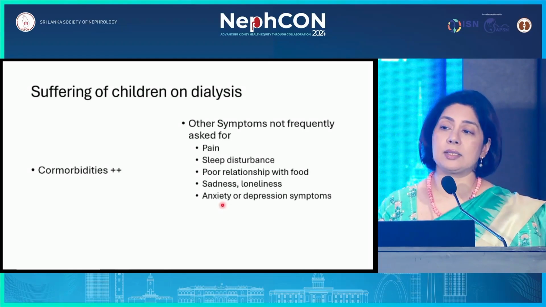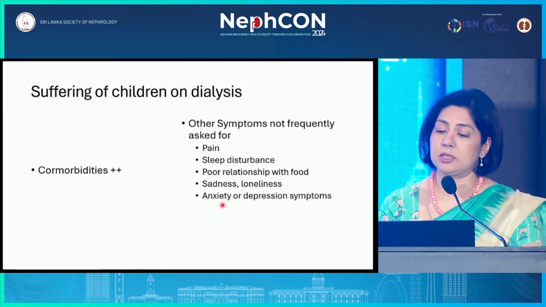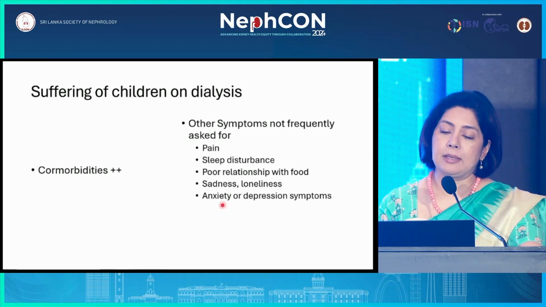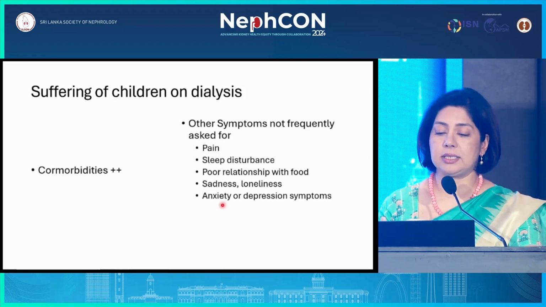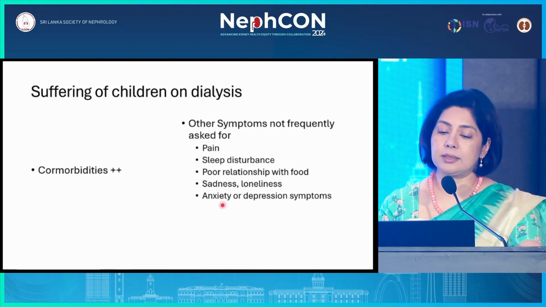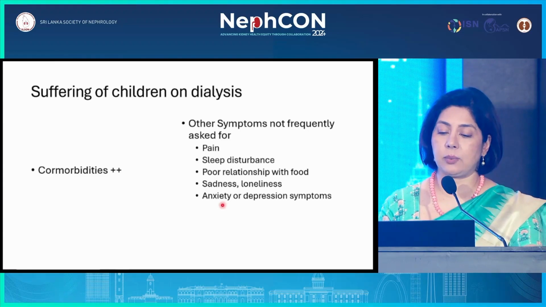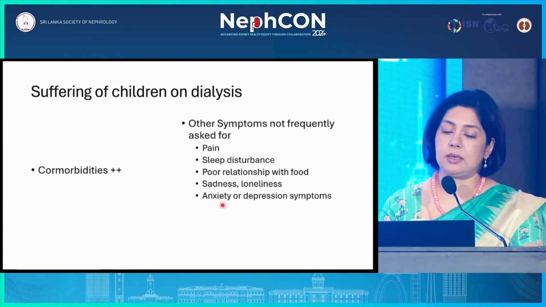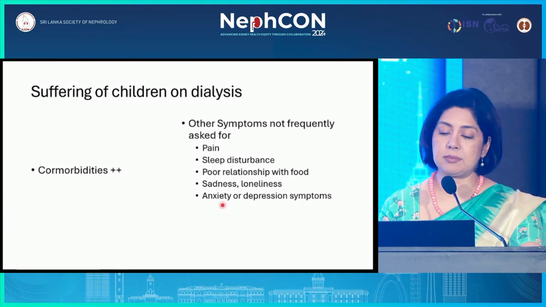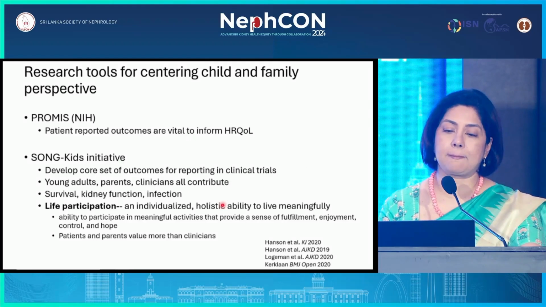It's pain in the last week, pain in the last month, because children are very literal. Have they been having sleep disturbances? Our children on HD develop a very weird, dysfunctional relationship with food because they're obsessed about interdialytic weight gain. Their sadness, loneliness, and whether they have anxiety or depression symptoms needs to be screened for.